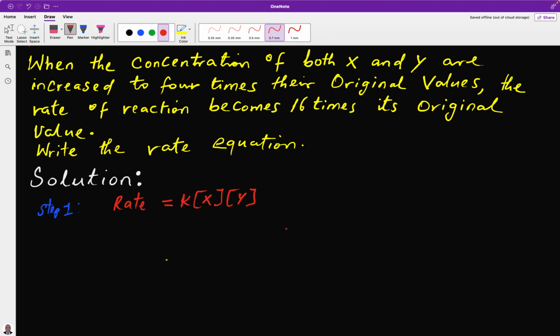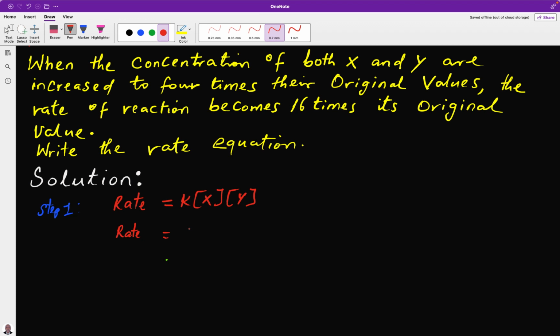But we are told the concentrations of x and y are increased to 4 times. So rate will be what? The change in the concentration.